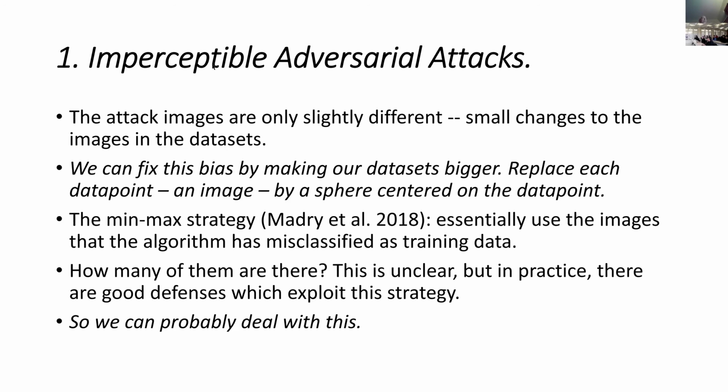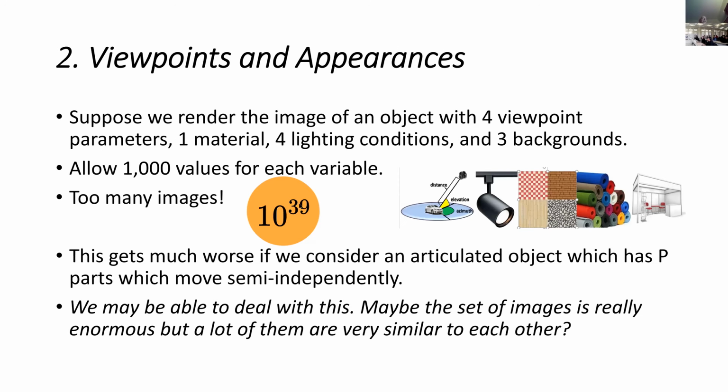Now think about viewpoint and appearances. Here's a thought experiment: if you use computer graphics to render an image, you take an object, you allow four possible viewpoint parameters: distance, elevation, azimuth, and one type of material property, although really an object could have many different types.